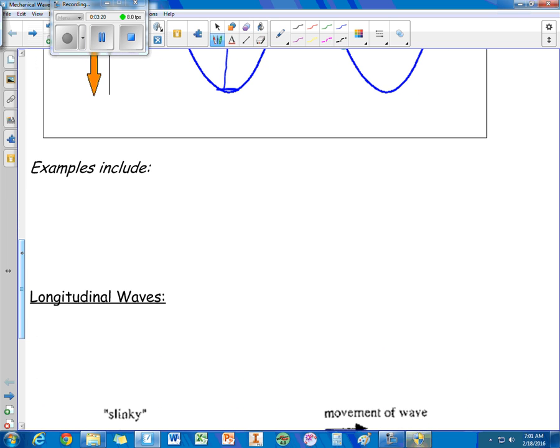All right, so some examples. Water waves. Waves on a string. You think about a guitar string or something like that. Electromagnetic waves.